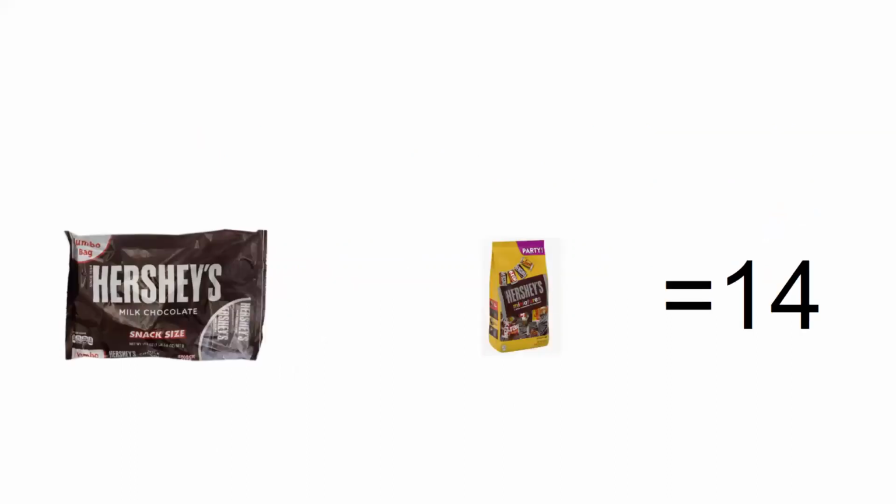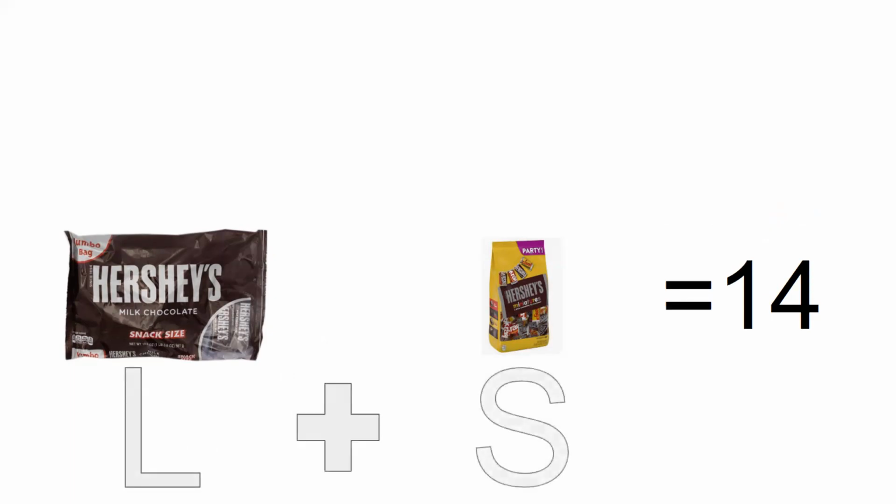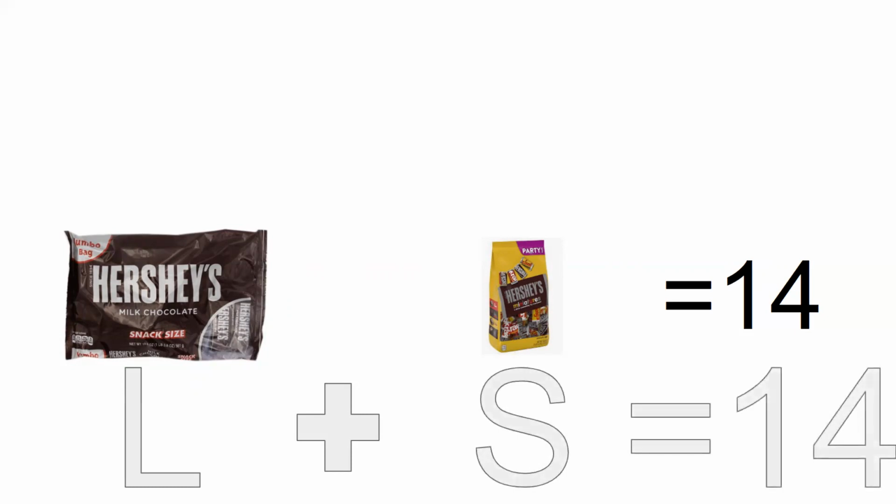Well, there is. So we have a large and a small and equals 14. Well, let's call a large L. Instead of drawing a picture, let's just call it letter L. And we can add that to a small, which we'll call letter S. So we don't even need pictures, we can use variables. So one large plus one small equals 14. There's an algebraic equation.